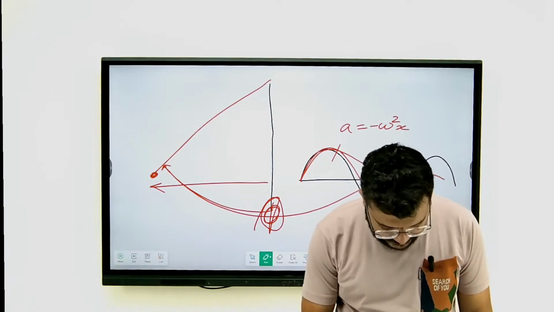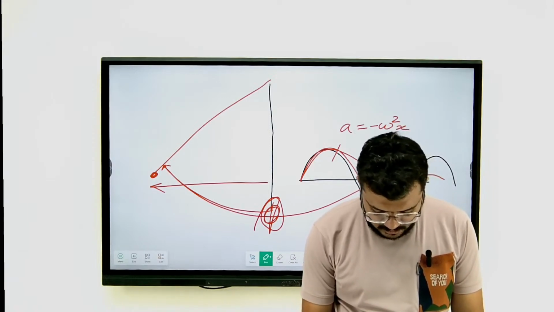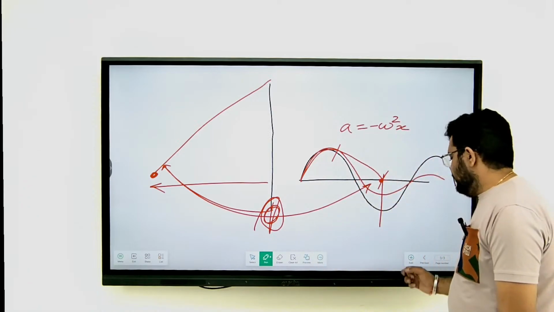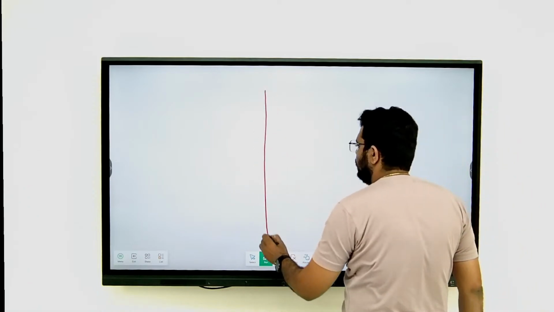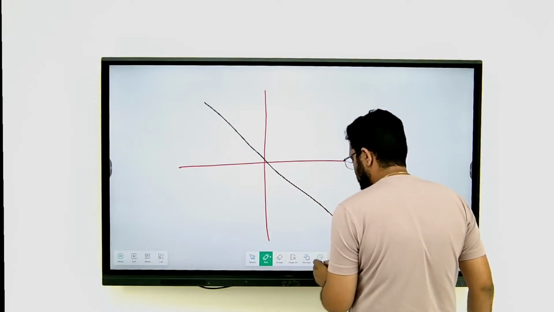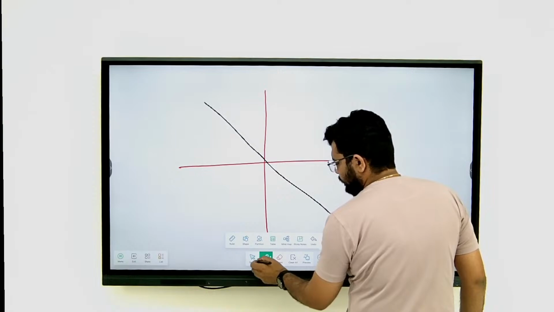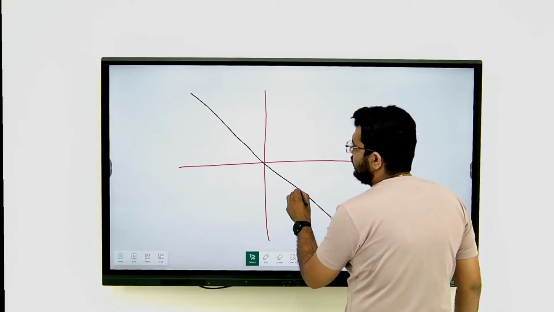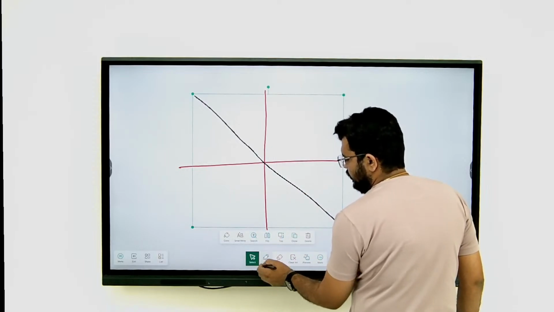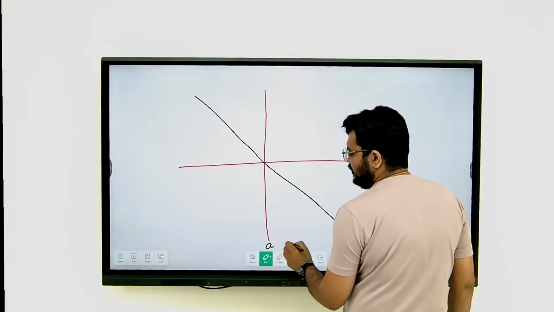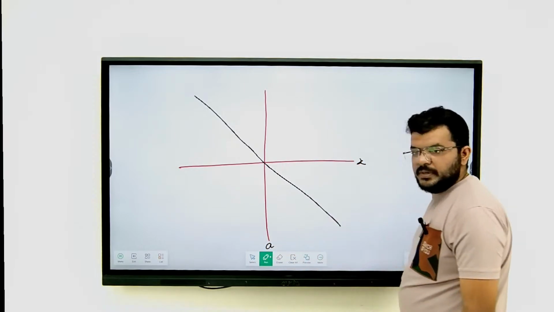We know the equation for frequency, and the acceleration-displacement graph can be shown like this, right? Something like this. On this axis you have acceleration, on this axis you have displacement.